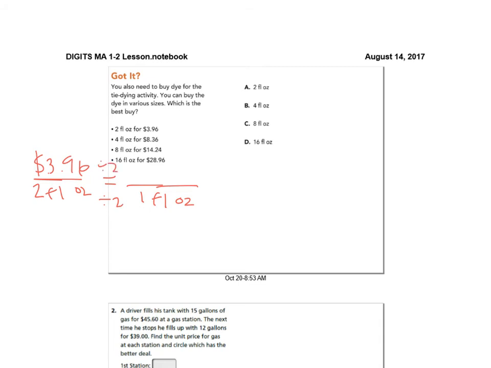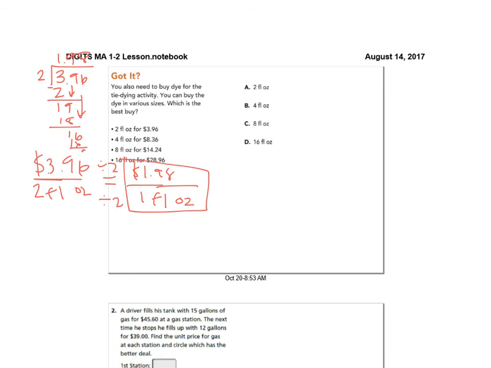You can do long division here, so I'm going to do long division. $3.96 divided by 2 goes into that one time. It's going to be 1. Bring down the 9. It's going to be 18. Bring down the 6. It's going to be 8, which is 16. So 0. Okay, so it's going to cost $1.98. So that's one option.